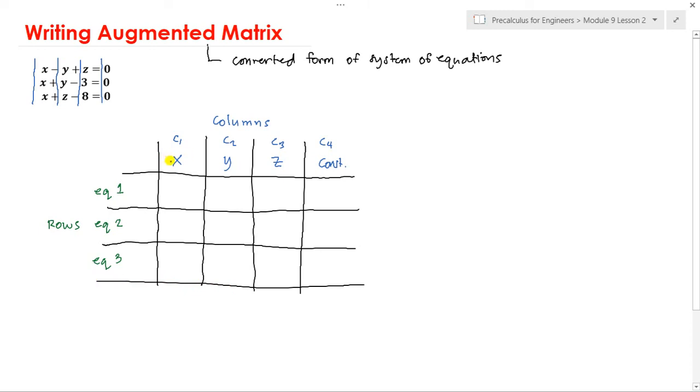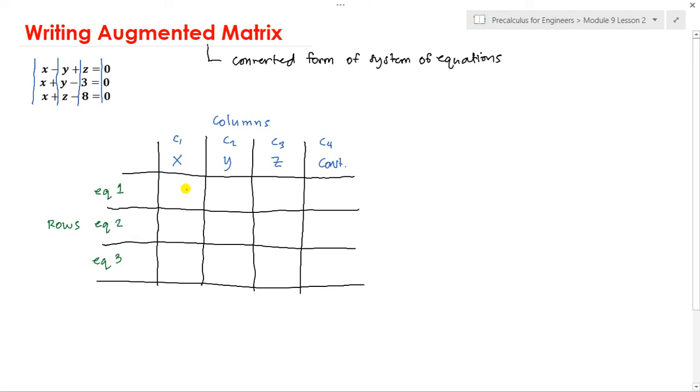So therefore, column 1, that is the coefficient for x in equation 1. What is it? What is the coefficient in column 1, equation 1 for x? The x, sir, I mean the coefficient.